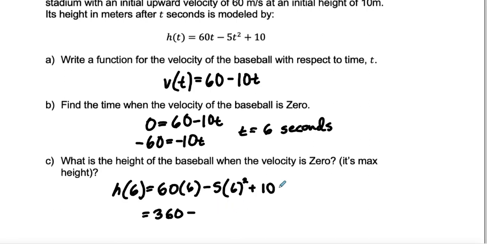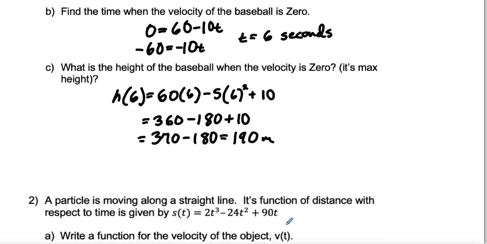And then 6 times 5 is just 30, so that's going to be negative 180, plus 10 here. So I'm going to have 370 minus 180, which is going to leave me with 190. All right, so the height of the ball, that would be pretty high up, right? But maybe it would have to be launched out of something, but that would be 190 meters.